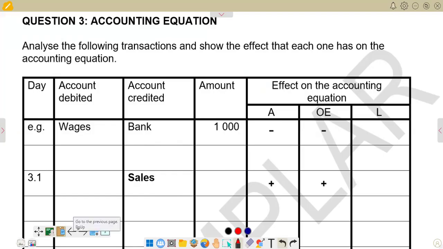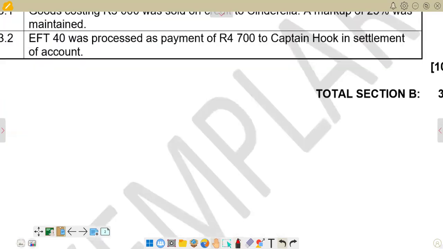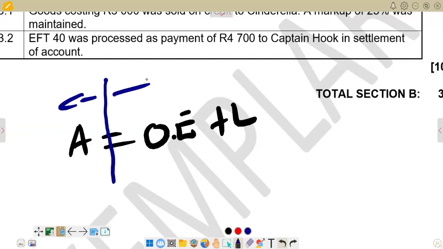What we have to take note of is that we have our accounting equation, whereby our assets is equal to our owner's equity plus our liabilities. We have a demarcation whereby we put two sides, the left-hand side of the equal sign, and the right-hand side.